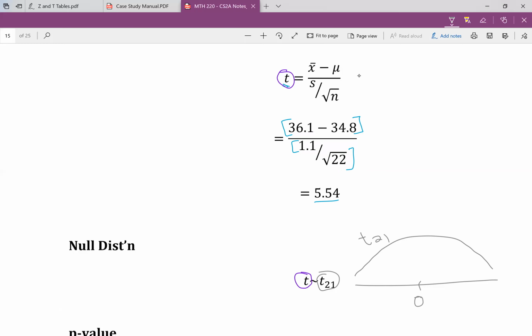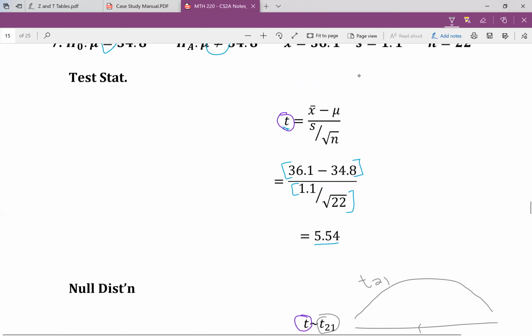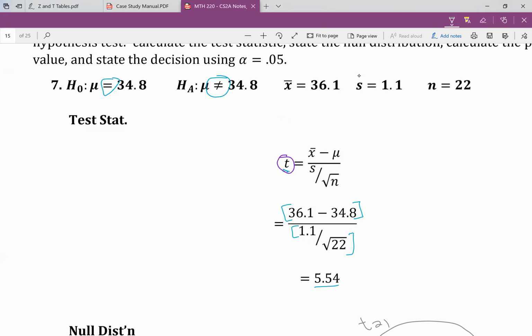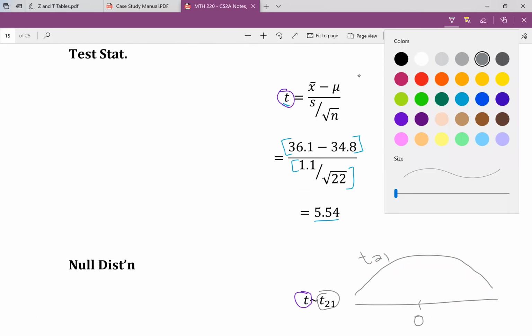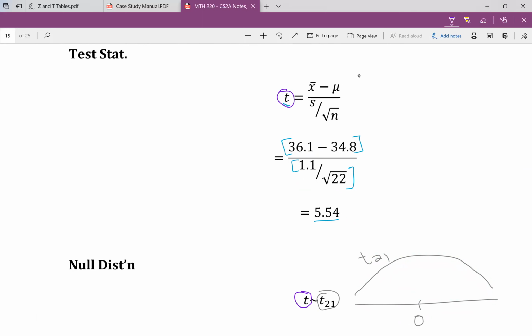When it comes to writing the p-value, we tend to always look at the sign in our HA and use that. Now we have a not equal to sign, and so it's going to affect the way we do our p-value. Let's take our t-test statistic of 5.54 and mark it on my number line.